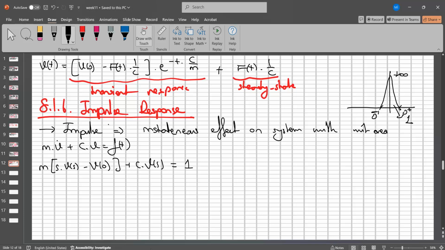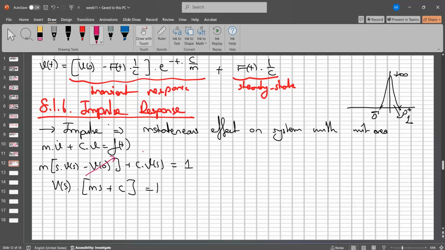Okay, but how can we utilize this property in order to identify our system in here? If this is the case, we can write it just like this one. Vs times (ms plus c) is equal to 1, because we can now delete this V0 term. We don't need to use the initial condition in order to identify our system, because we have the value 1 in here.